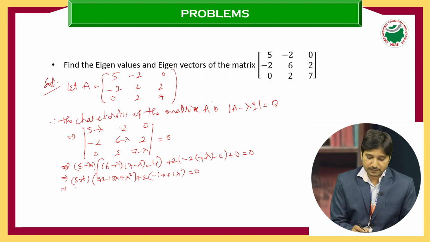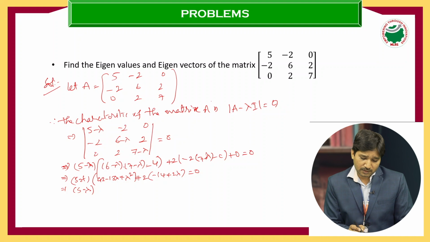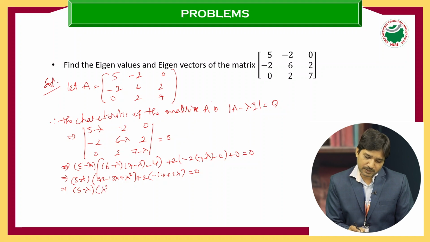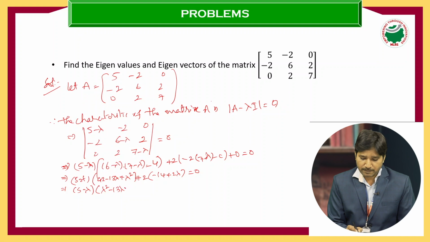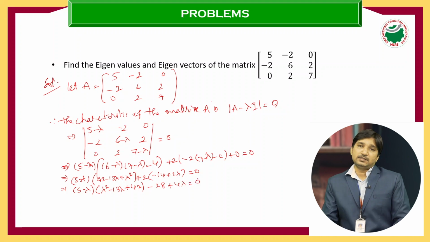Again solving it: (5 minus lambda) into (lambda square minus 13 lambda plus 42), minus 28 plus 4 lambda equal to 0.